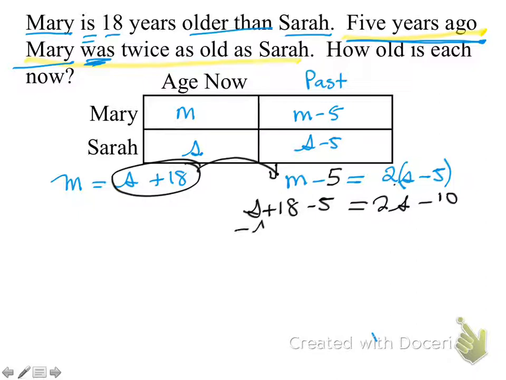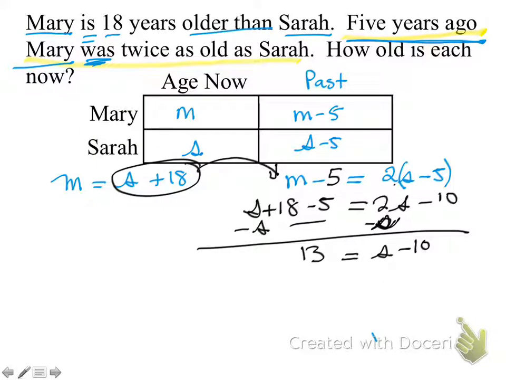Okay, I'm subtracting S, subtracting S. And these two I'm going to combine. So I'll make that 13 equals S minus 10. Add 10, add 10, 23 equals S. So Sarah is 23.